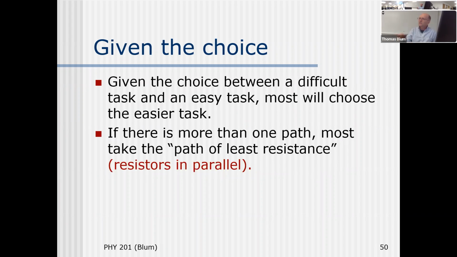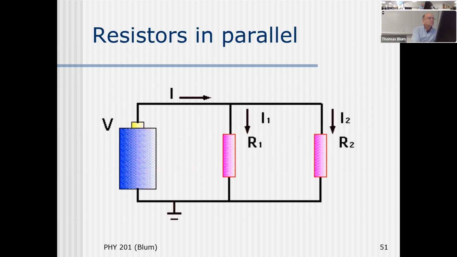And what's the system? The system is the circuit from one end of the battery to the other end of the battery, but there's going to be more than one path from the high end of the battery to the low end. So that's what we're going to mean by parallel. And then we are going to figure out what happens in that situation.